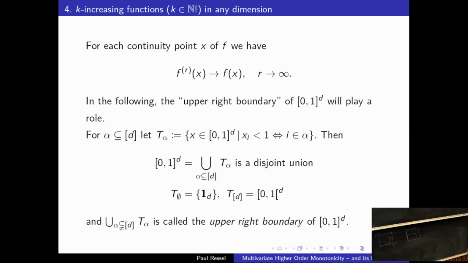Then we have a disjoint union where T of the empty set is just the left endpoint, and T with the full set is the product of the half-open intervals. If I take this away, all the rest I will call the upper right boundary.